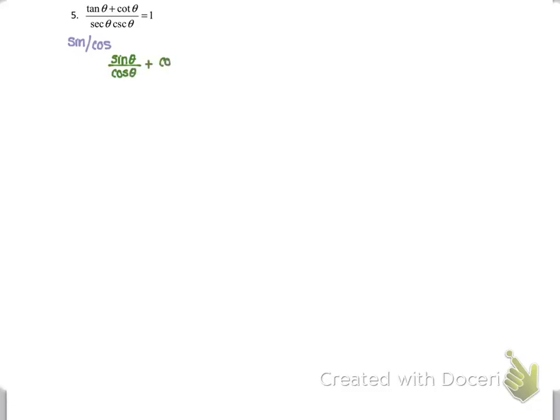Cotangent becomes cosine over sine, all over secant, which is 1 over cosine, times cosecant, which is 1 over sine.